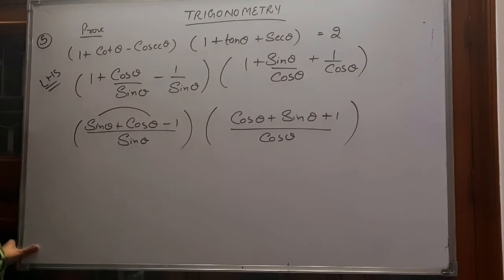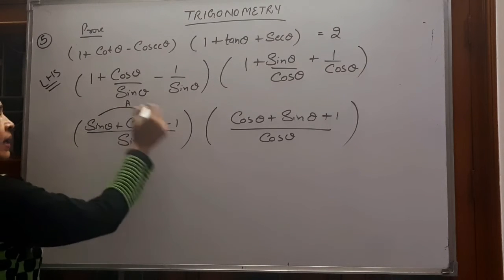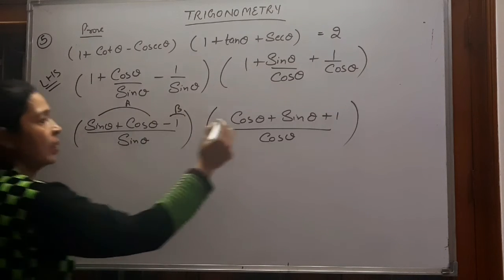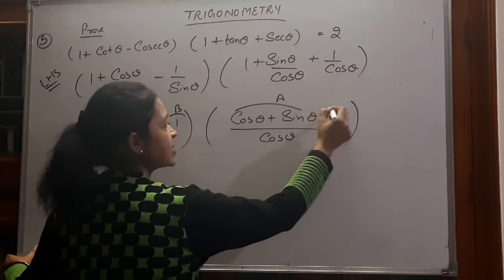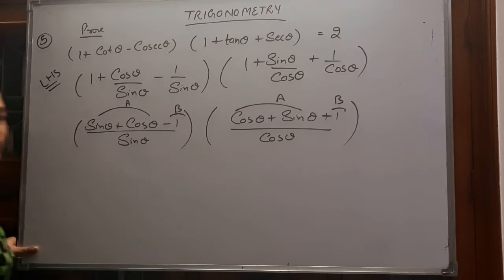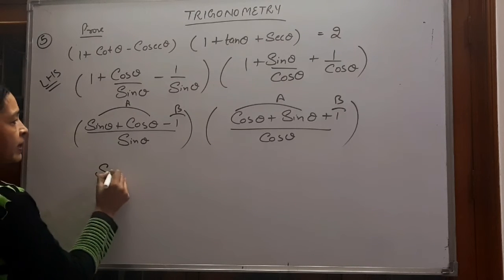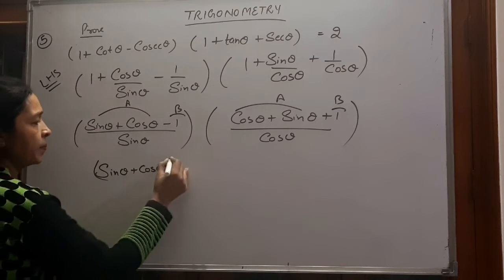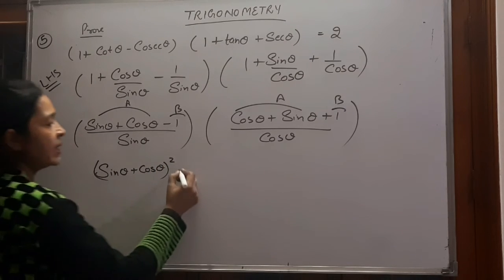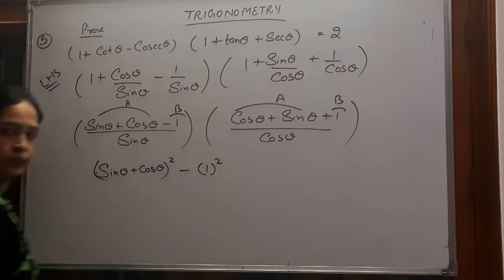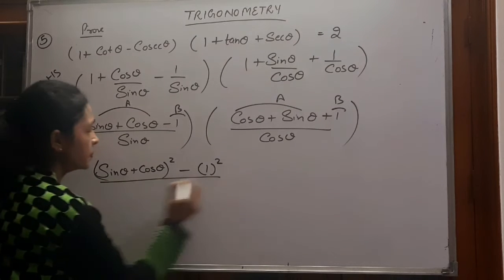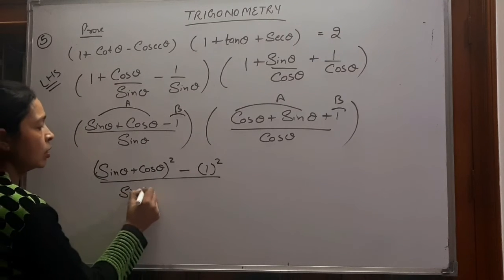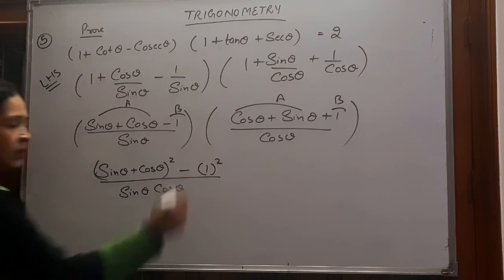If we take this as a single term, let this be A and this be B. We have here A and this is B. And what is A minus B times A plus B? A whole square minus B whole square. So what will we get? Sin theta plus cos theta, which is A whole square minus B whole square upon sin theta cos theta.